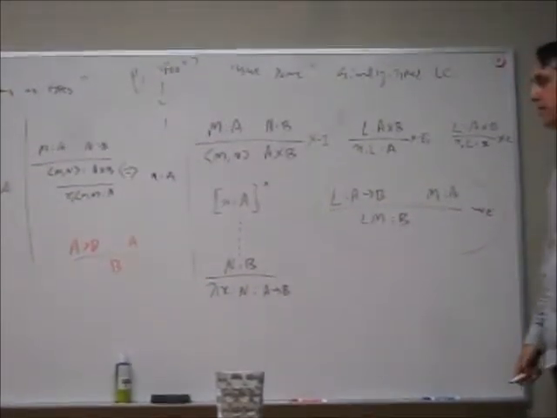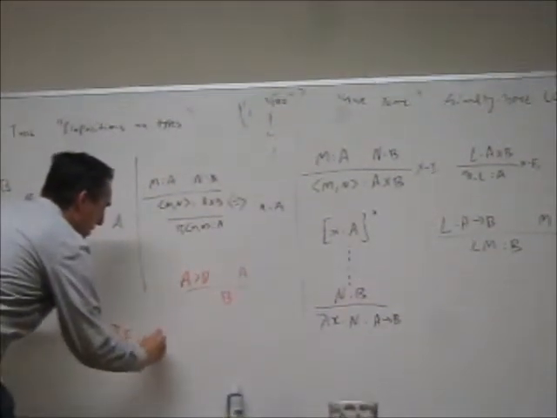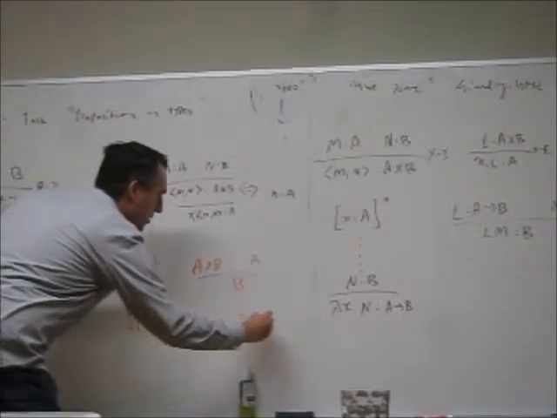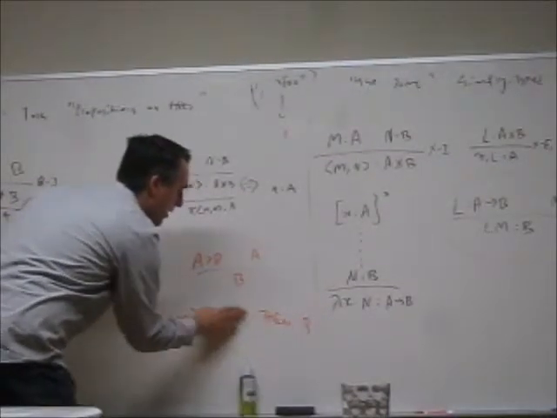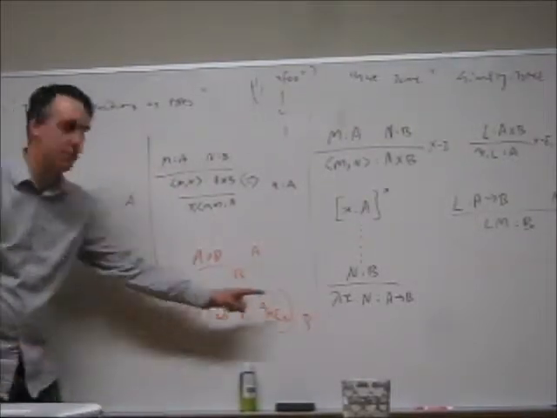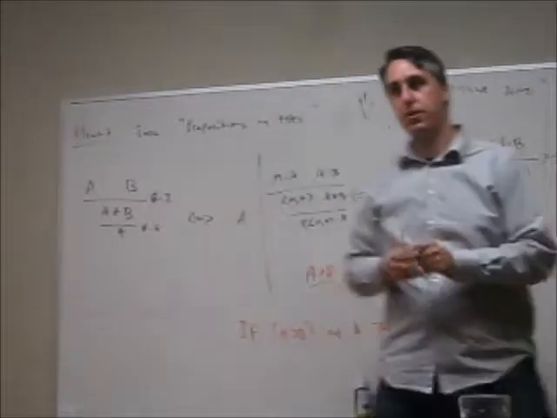Why is this? What is the problem over here? Well, if I wrote this out, if A implies B, and A, then B. Right. But this statement is a logical statement in a meta theory.